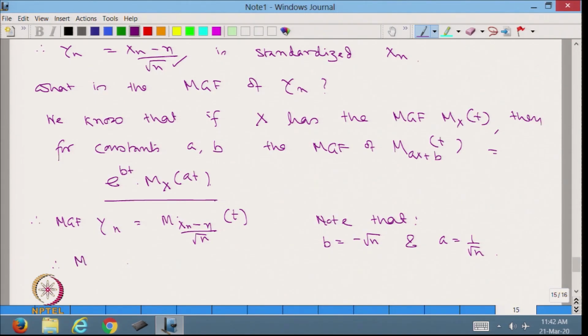Therefore, MGF of yn is equal to e to the power minus t root n into MGF of xn at t upon root n.